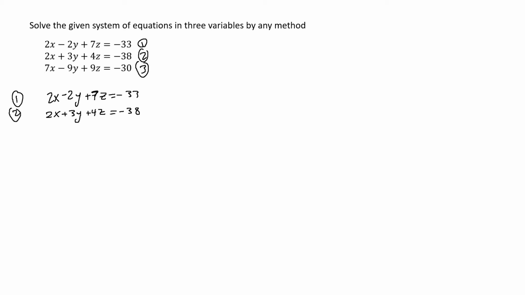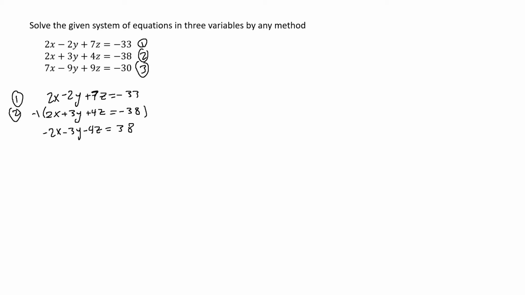To eliminate the x variables, we need the same value but different signs so they can cancel. I can change the sign on one of them by multiplying the whole equation by negative 1. So I have negative 2x, negative 3y, negative 4z is equal to positive 38.